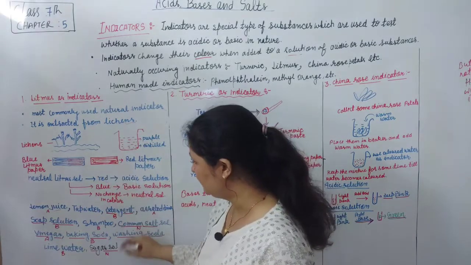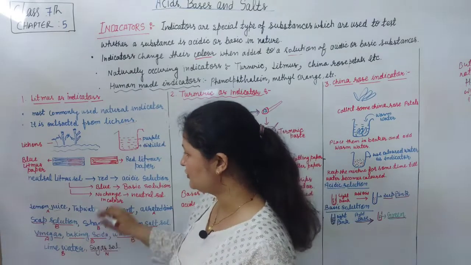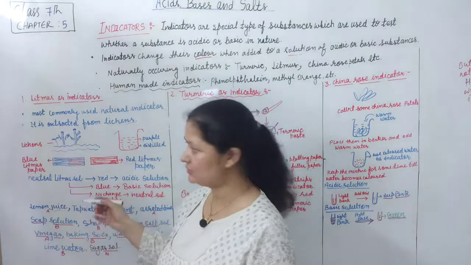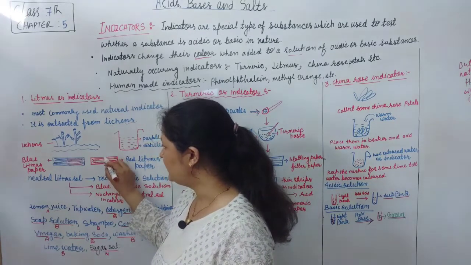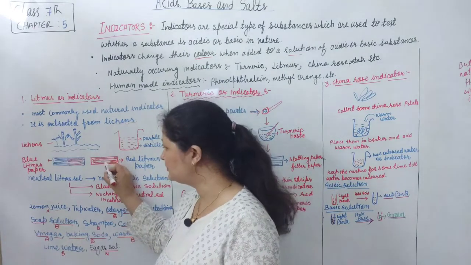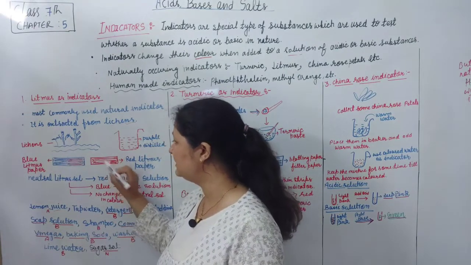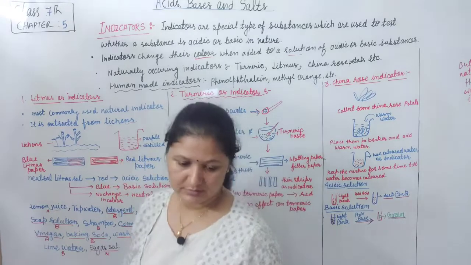Then you take shampoo, or you can take washing soda, baking soda or soap, you can take soap solution also, and after that you add some drops of soap solution on this red litmus paper. After adding some drops of soap solution, we will find that this red litmus paper turns blue.